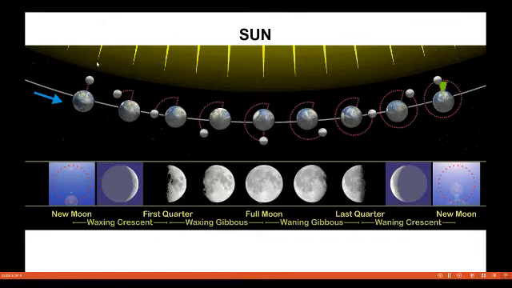The light of the sun is falling onto the earth, and here is the moon. Now in this particular case, the light of the sun, which is falling on the moon, is blocked from reaching the earth. This situation results in new moon day.